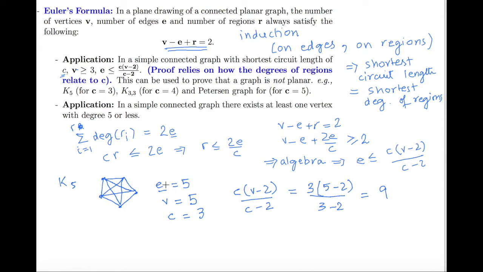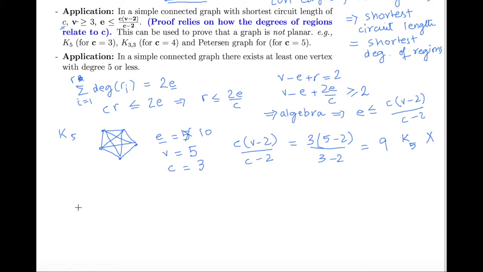What is E? No, edges is not 5, edges is 10, because 5 here and 5 there. So E is 10 and it should be less than or equal to 9 to have a planar representation. So this means that K5 is not planar.